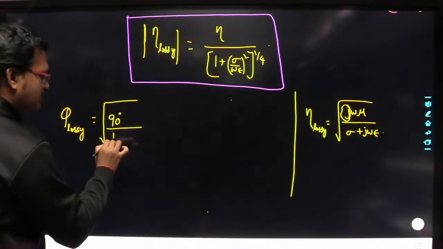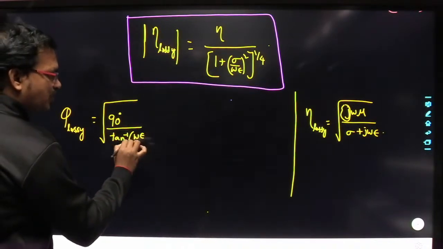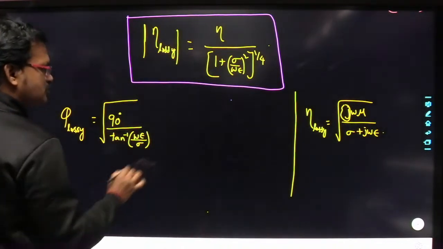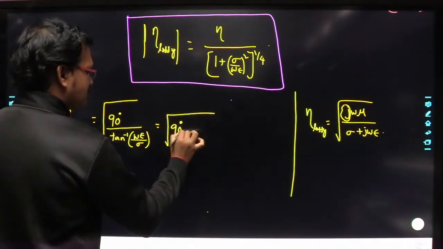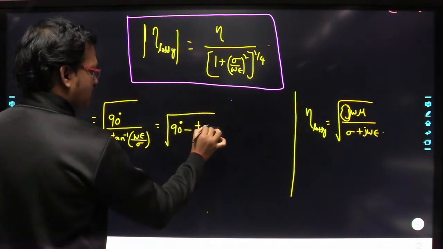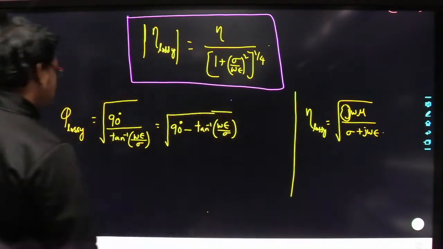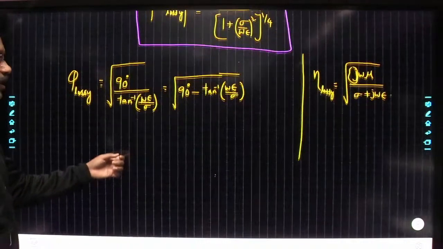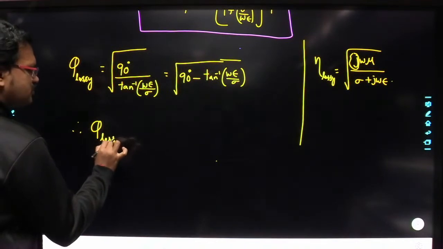Divided by what is the phase shift in the denominator? The phase shift is tan inverse of imaginary part divided by real part. So this one I can write as square root of 90 degrees minus tan inverse of omega epsilon divided by sigma. So this is the phase shift. Therefore phi lossy is equal to what?